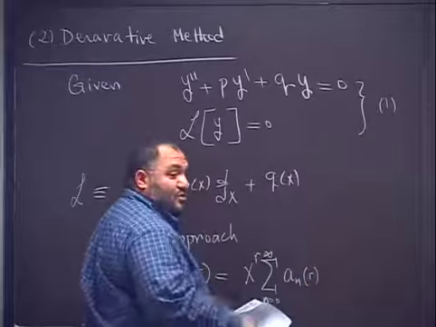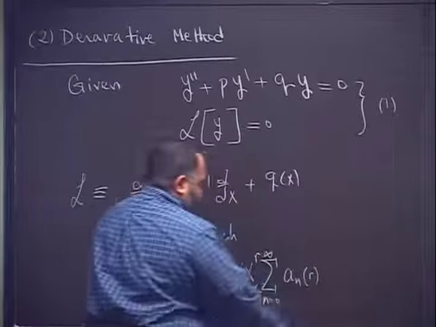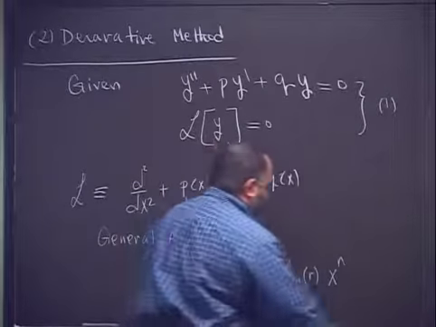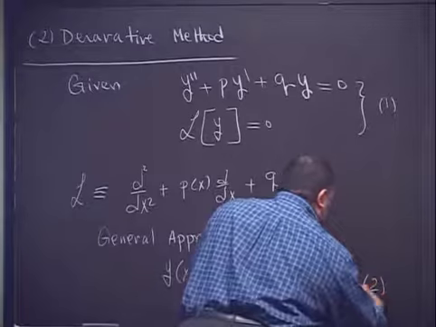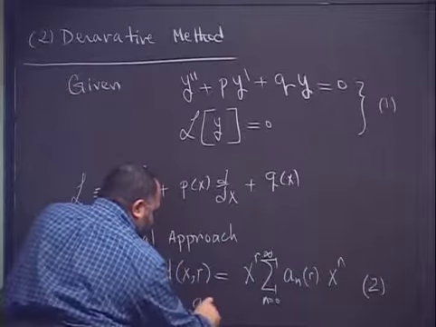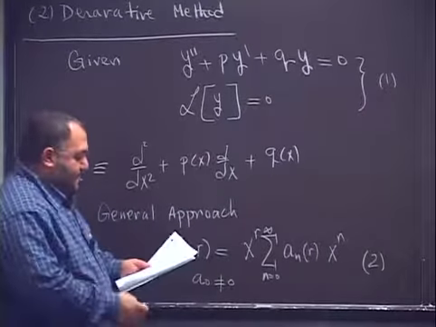When we solve for the initial equation, we get the recurrence relation. We will call this equation number 2. And I have to remind you that we picked a naught where a naught does not equal 0.